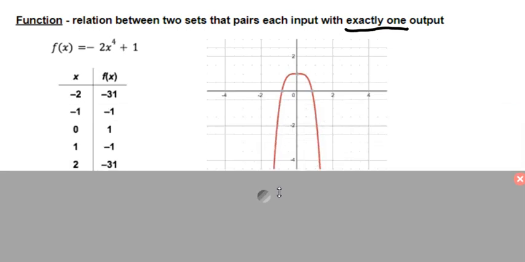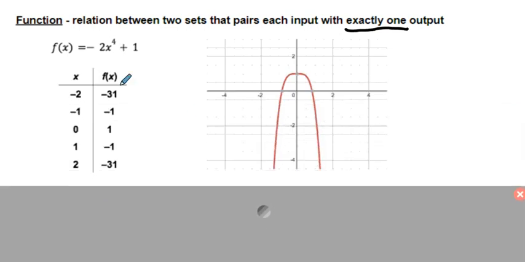We've got this function here, f of x equals negative 2x to the fourth plus 1, which you should be familiar with from what we did with polynomials. And we've got a little function table here. These are all the inputs, this is x. This is what you put in; you substitute these numbers in here, and then these are the numbers you get back.